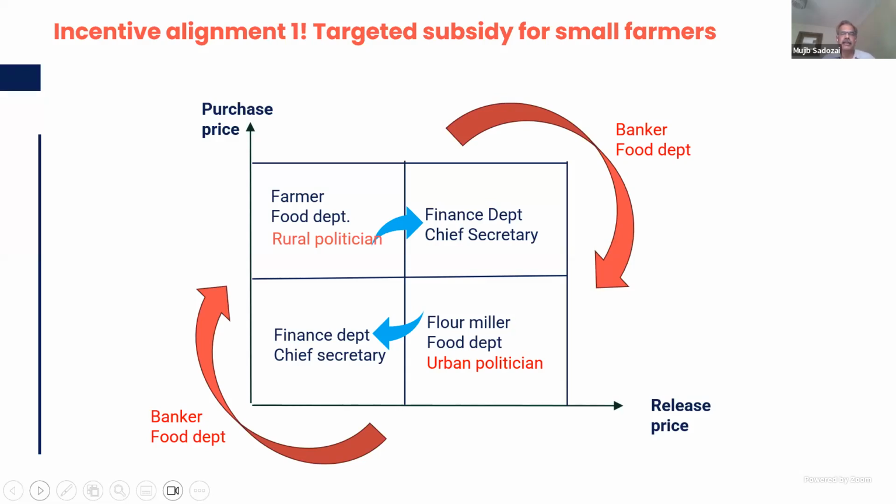So with the rural politician gone, the purchase price pressure had been eliminated, and now the team worked with the lower right-hand quadrant, and again assisted the department in designing a social protection program to shield those who would be affected by removing the wheat subsidy.